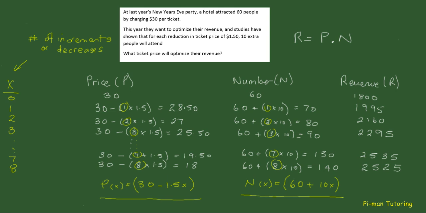So let's see what happens next. Let's just rewrite that. We've said that the price of the tickets as a function of the number of increments or decrements is $30 minus $1.50 times the number of decreases.